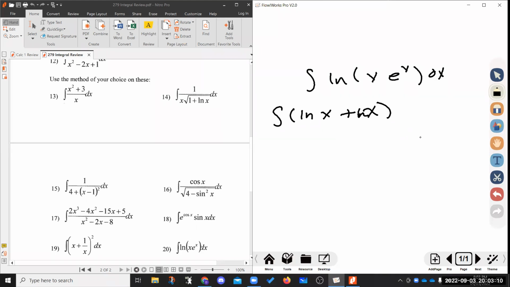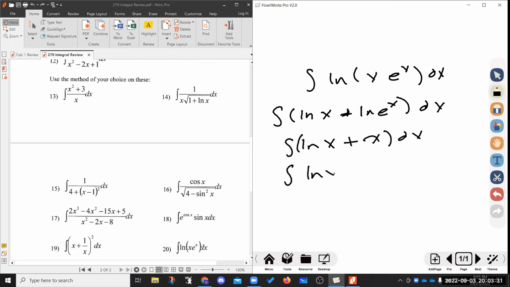Let me write it this way, sorry, I skipped a step. And ln of e to the x is the same thing as x, because these are inverse functions. So this is the integral of ln of x dx plus the integral of x dx.